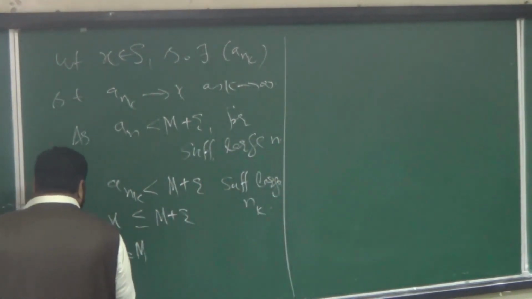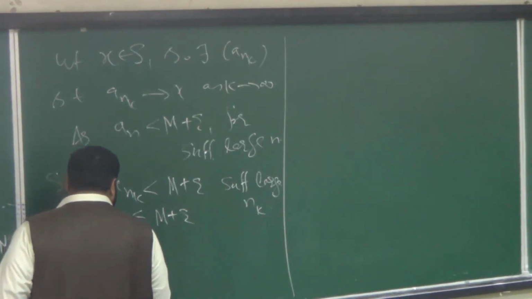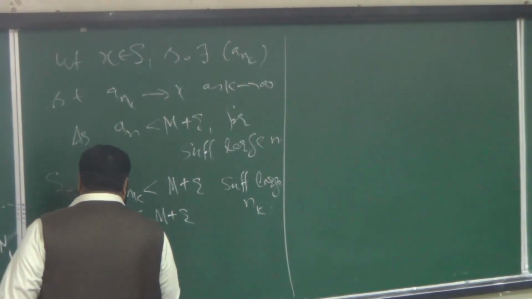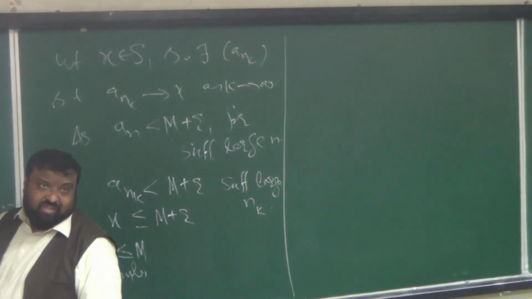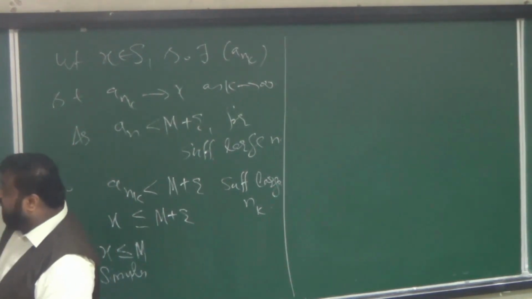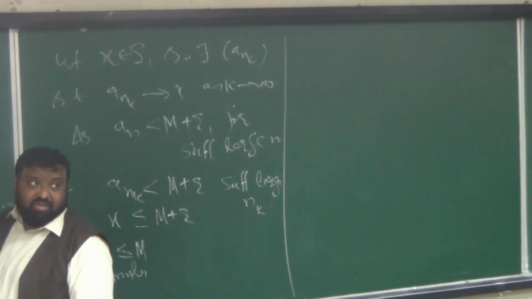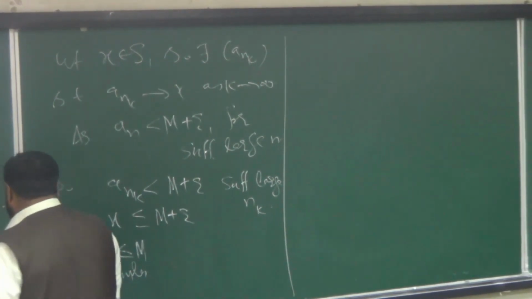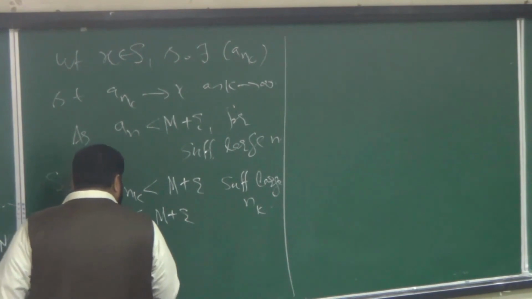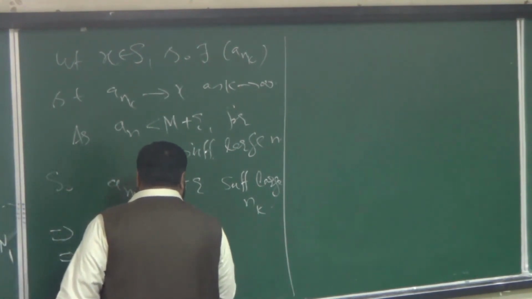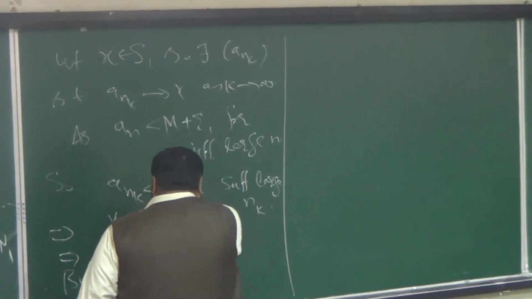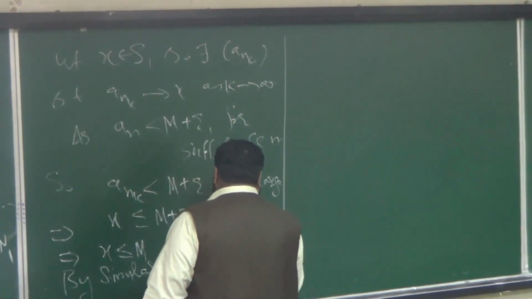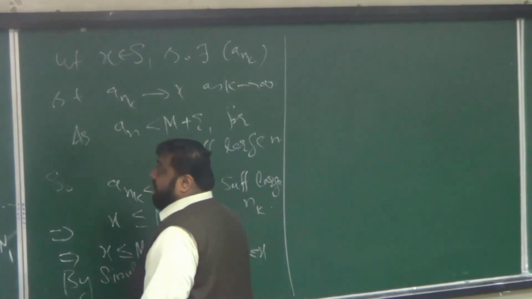So by similar arguments, when you prove its counterpart for lim inf, you're going to have similar inequality and similar conclusion. So using similar inequality, by similar argument, we can show that this x must be bigger than or equal to m. That's what we wanted.